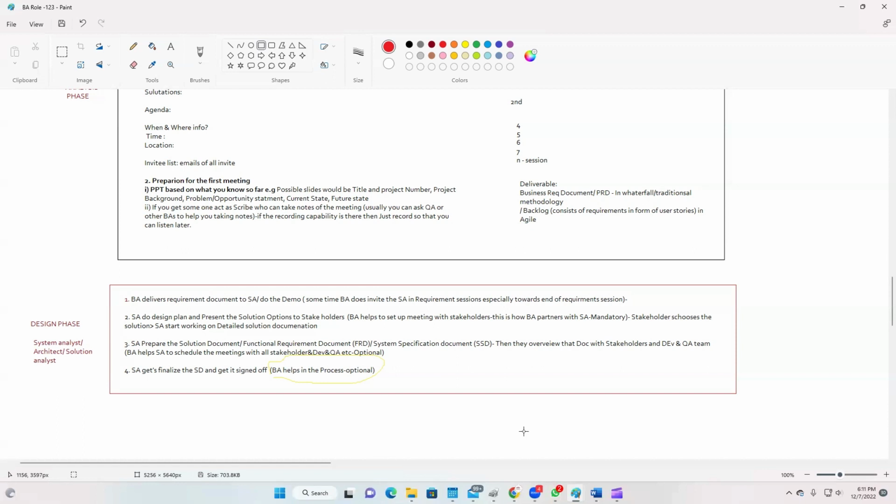The BA continuously keeps working with the SA as the SA documents the design, helping in any way they can, and at the end helps with the sign-off process, working with the stakeholders on any questions the SA has about the requirements. So that is overall the role of a BA during the design phase, working in partnership with the system analyst or solution analyst.